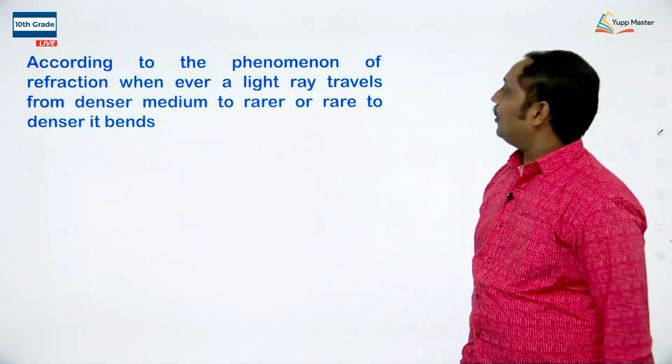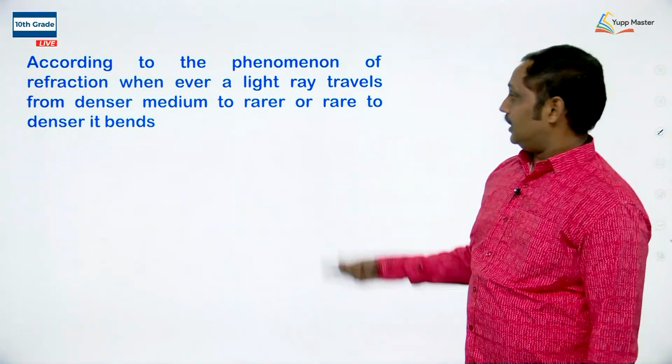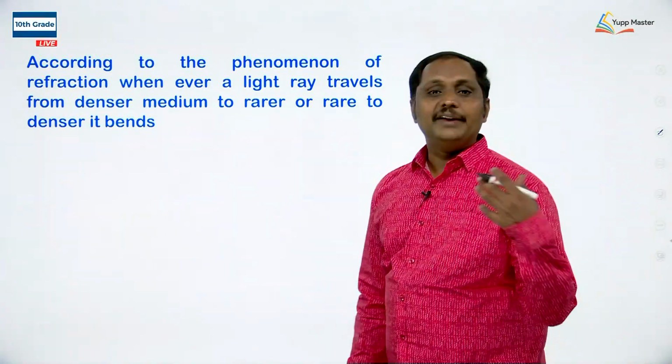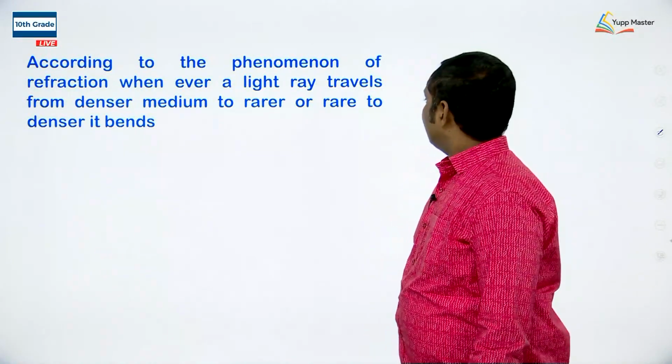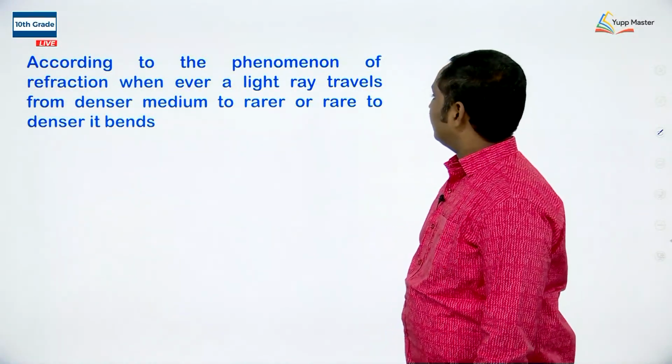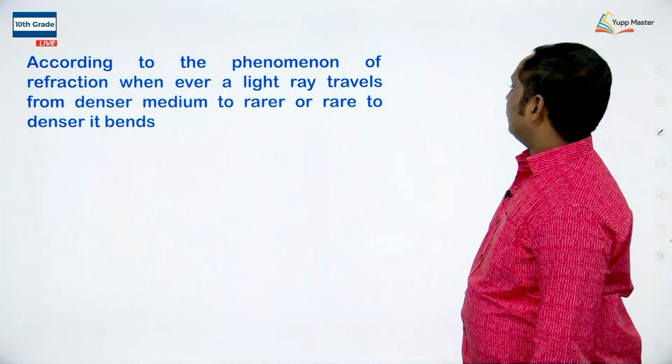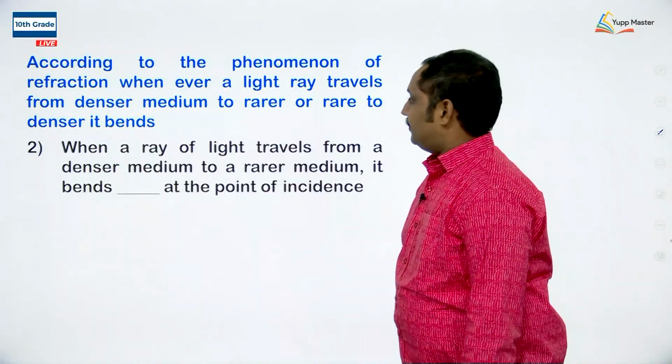What happens when it is allowed to travel from denser to rarer? According to the phenomenon of refraction, whenever a light ray travels from denser medium to rarer medium, it bends.